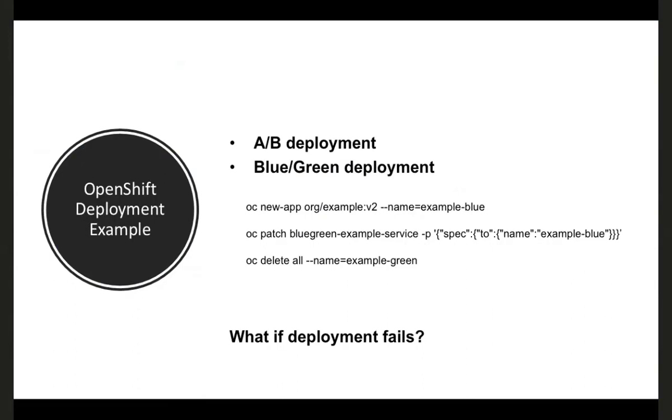For example, if you deploy the version 2, this is a declarative approach. You tell Kubernetes or OpenShift, bring up three pods for my version 2. And that's it. The OC comes back and says success.